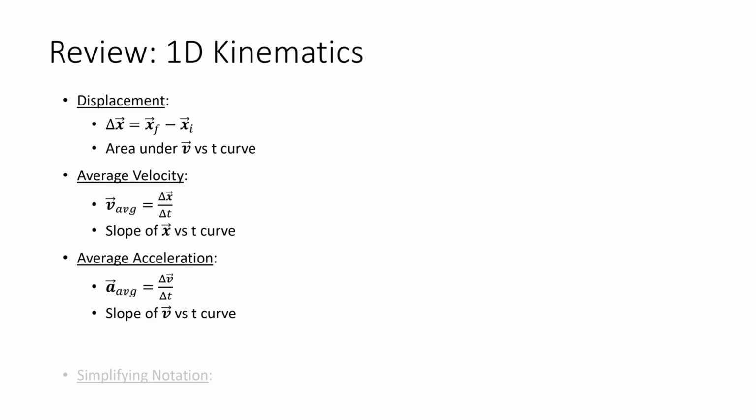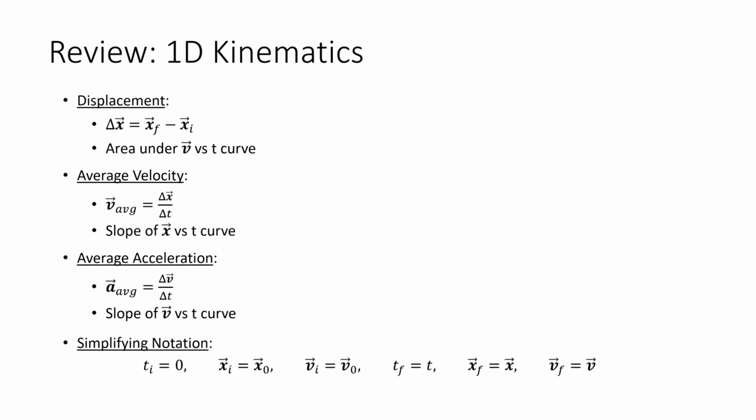Okay, and so now we're just going to remind ourselves of the simplifying notation that we used to define our 5 equations of motion for constant acceleration. What we did is we assumed we're just going to restart time at the beginning of our problem. And so we're always going to let our initial time be equal to time t equals 0.